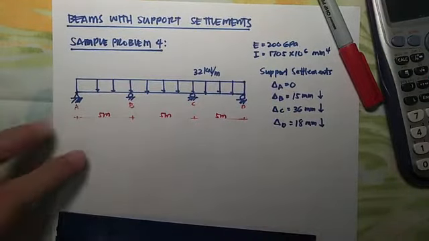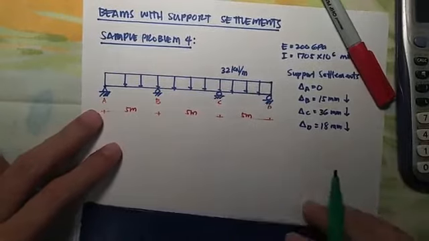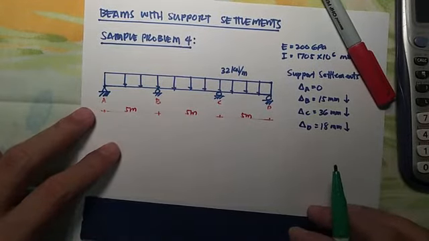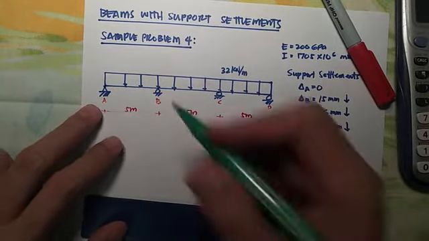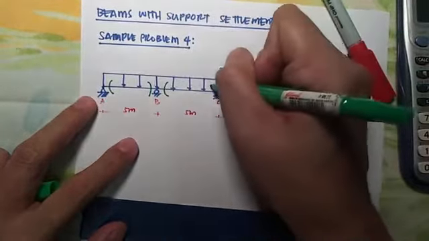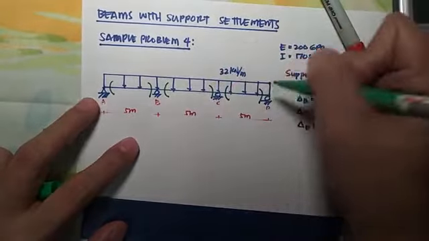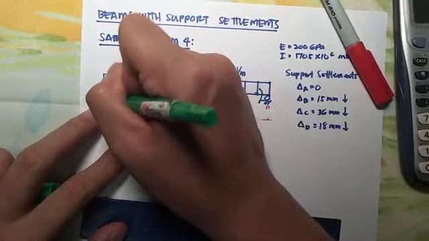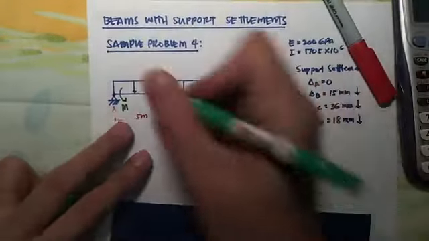Okay, again, using slope deflection method, the first step is to identify the member end moments. So assume, again, counterclockwise, positive. Okay, so this is moment on AB.